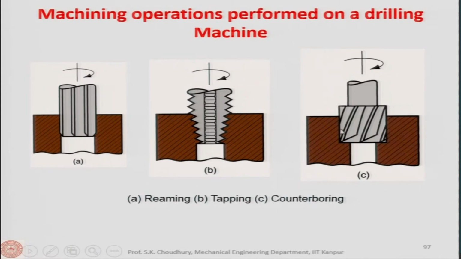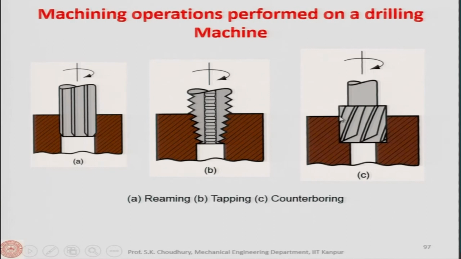That means, when you have two holes of two different diameters on the same axis. After this is made, there will be a part with two holes, one hole here and one hole here, and they have a common axis. This process is called counter boring, and I told you that counter boring is made so that a special kind of bolt can be inserted here, so that the bolt head does not protrude out.